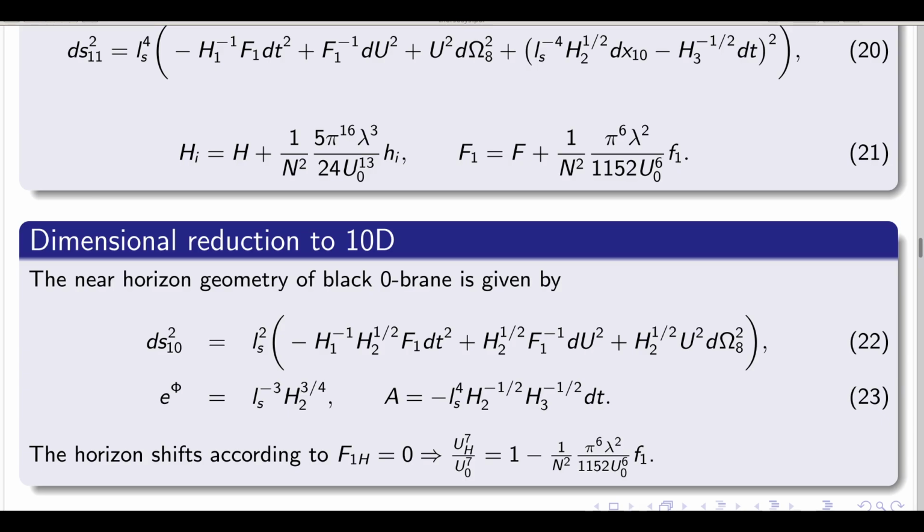This implies that the ratio U_H over U_0 deviates from unity by a small 1 over N squared correction proportional to F1. Thus, the higher derivative terms not only modify the geometry, but also shift the horizon and temperature of the black zero-brane, producing measurable effects in its thermodynamics.